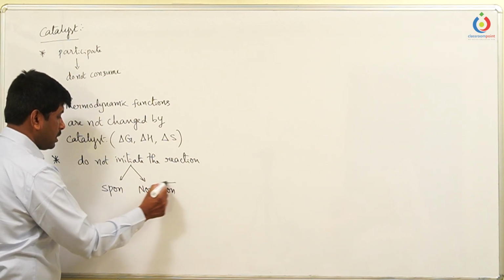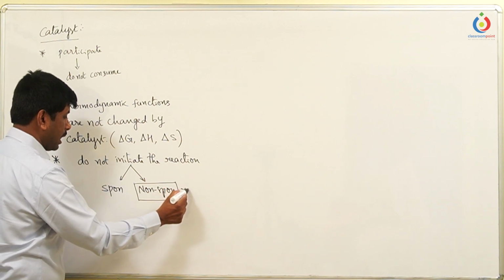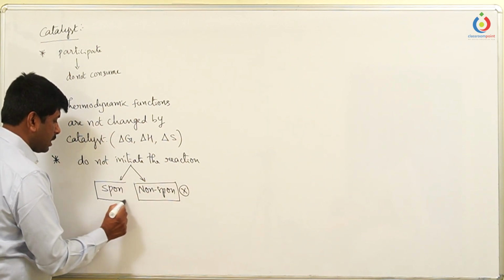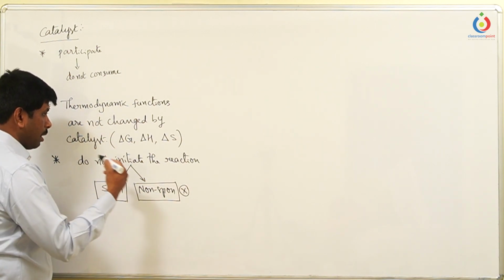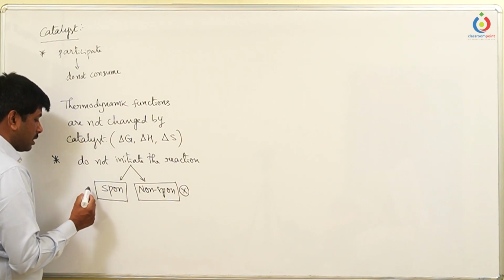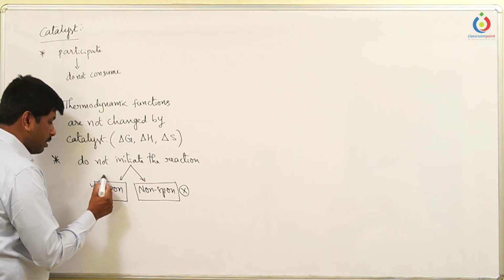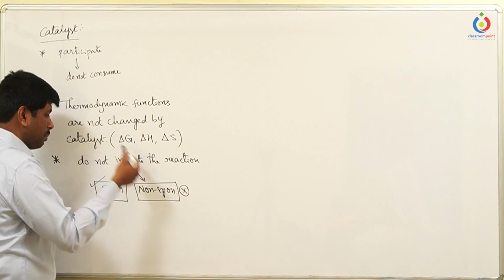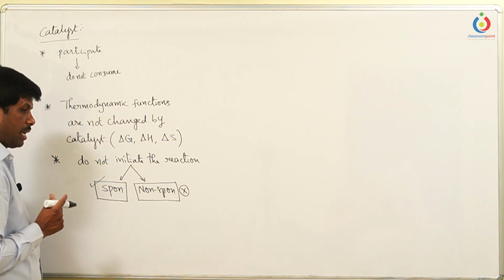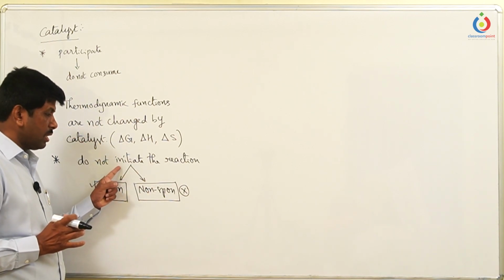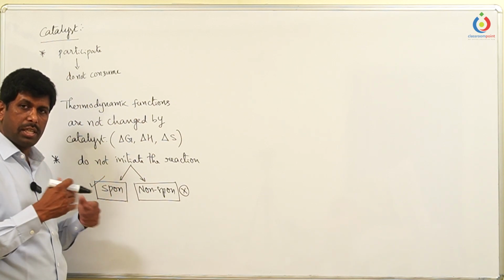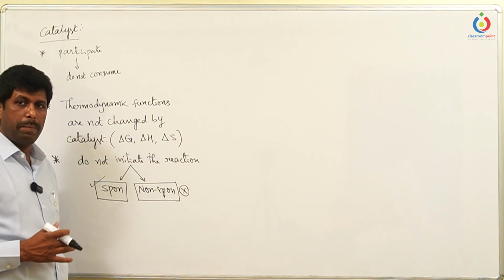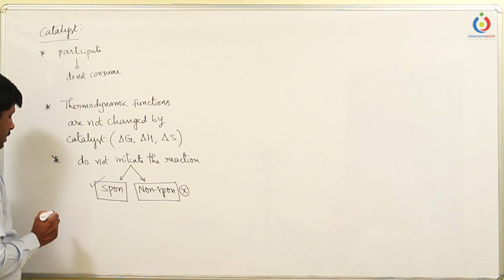Non-spontaneous reactions are not affected by the catalyst. Only spontaneous reactions are affected by the catalyst, because in spontaneous reactions the reaction has already begun, and now the reaction speed is increased by the presence of the catalyst. So a catalyst never initiates the reaction. If the reaction has already started, its speed can be increased by the presence of the catalyst.